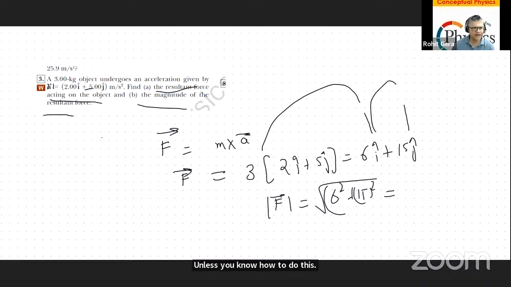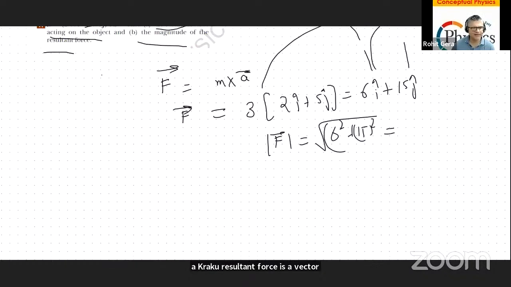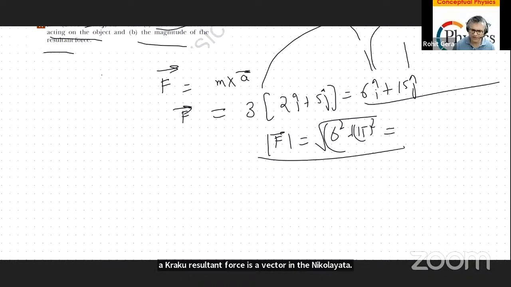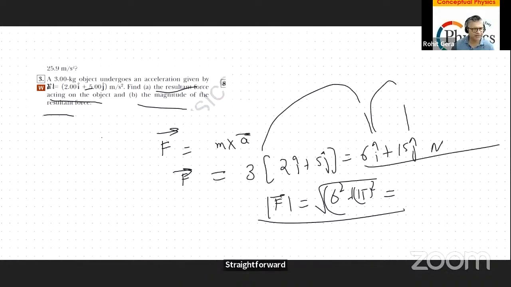Which is the easier part. ये vector की तरह कैसे लिखना है? देखो ऐसे लिखना है. So these many newtons. Straightforward, right? Point is force and pressure are one and the same thing, direction wise. There is no major difference between them.